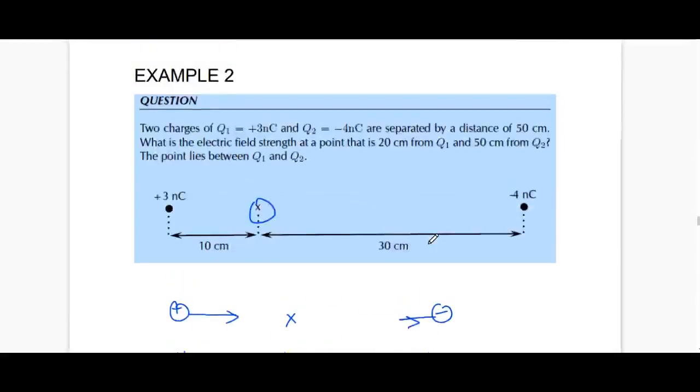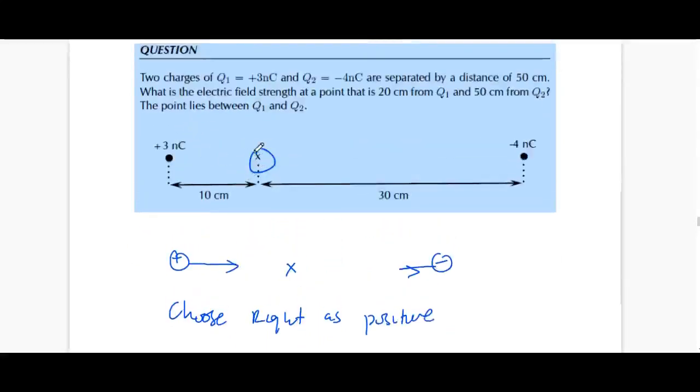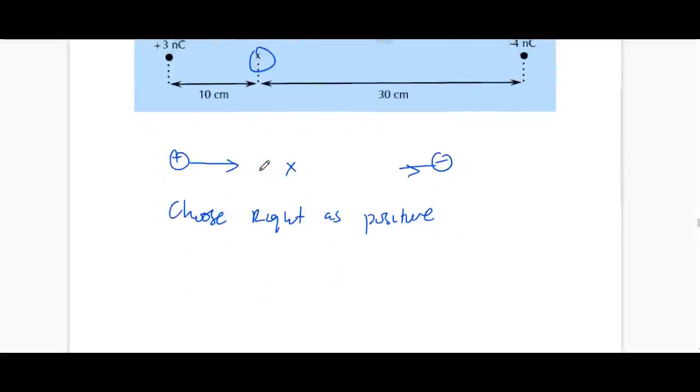Now, the question is what is the electric field strength at the point. They want the net electric field here. The net electric field at that point, E net, equals, all of them being to the right, E1 plus E2.